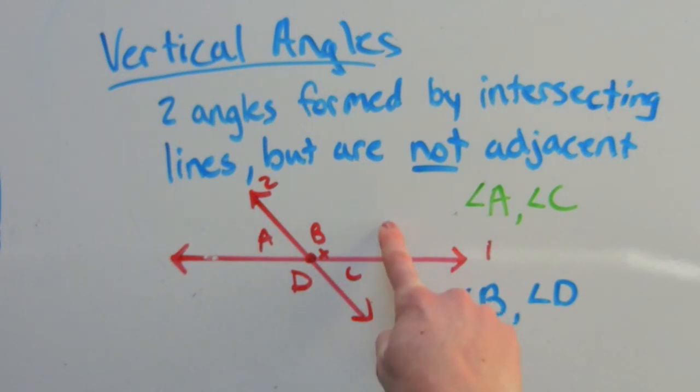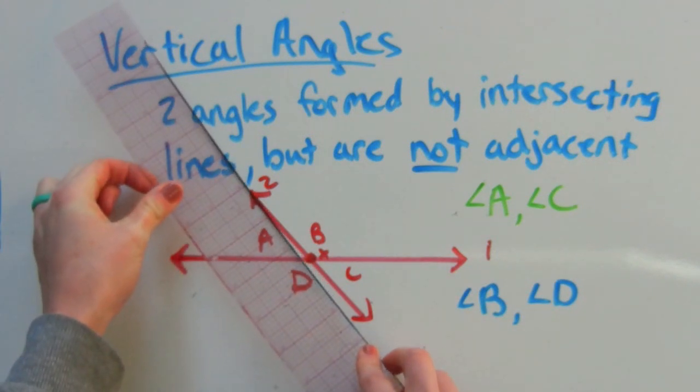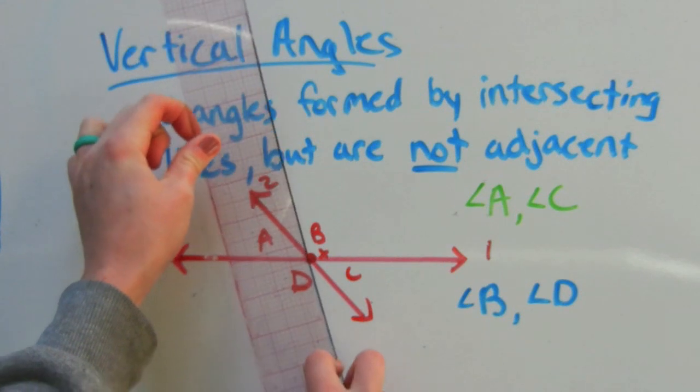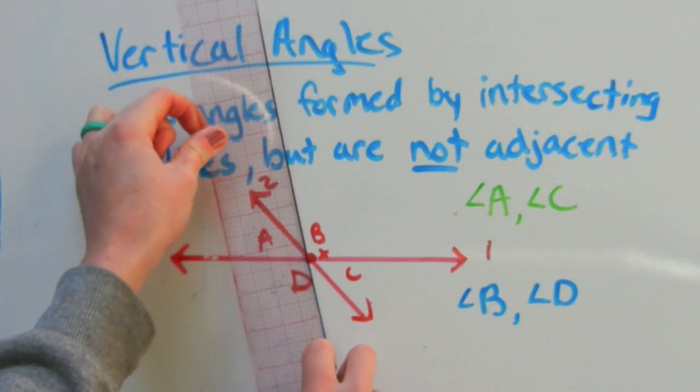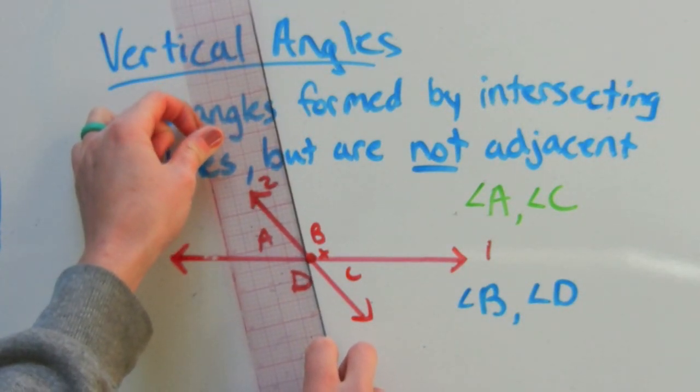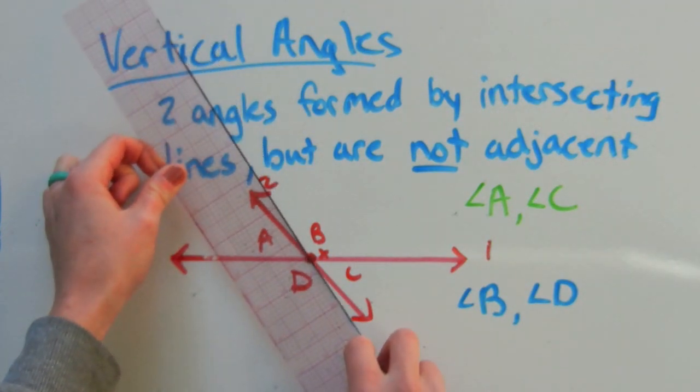Also, if you notice, B and D are congruent angles, and A and C are congruent angles. That is because no matter how I cross that line, line number 1, one of the angles is simply going to be rotated to the other side.